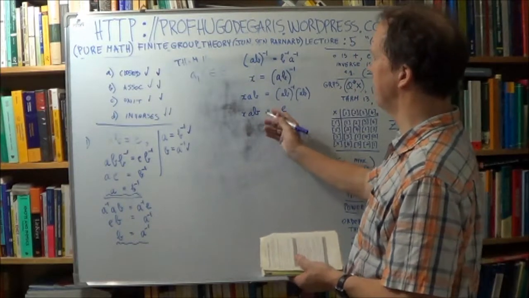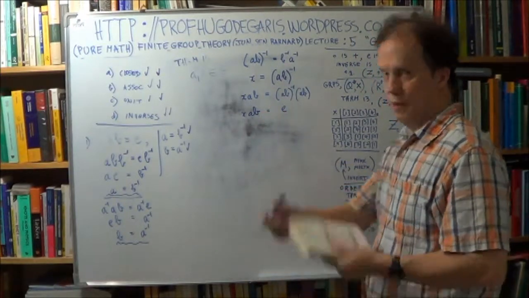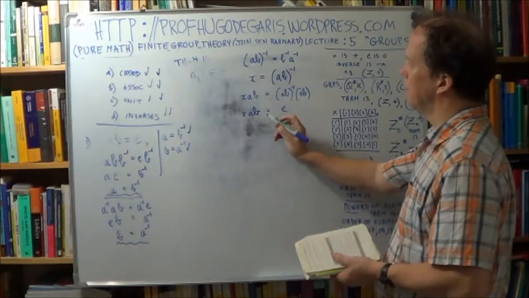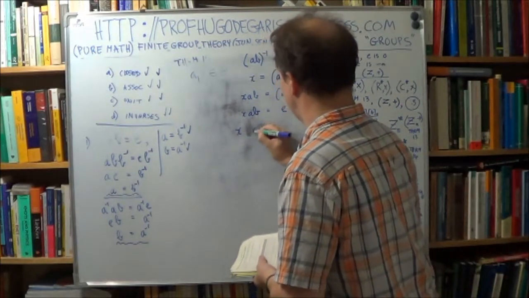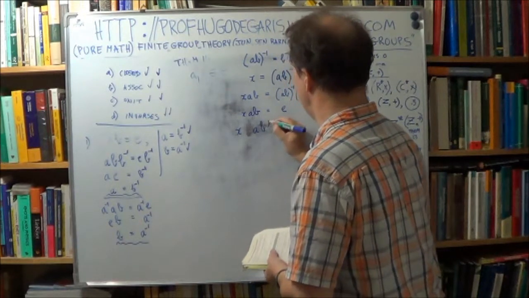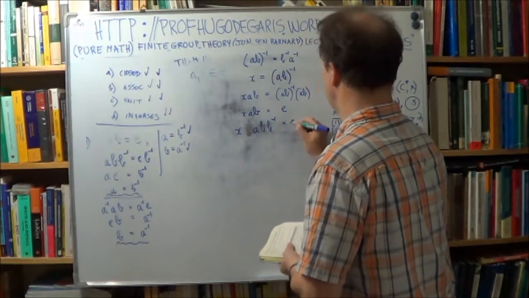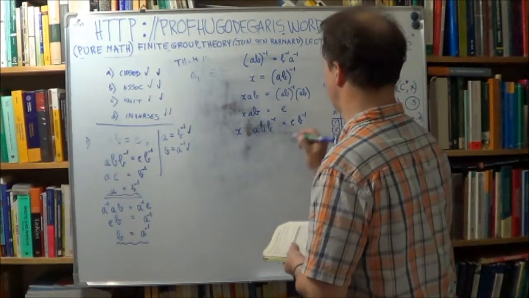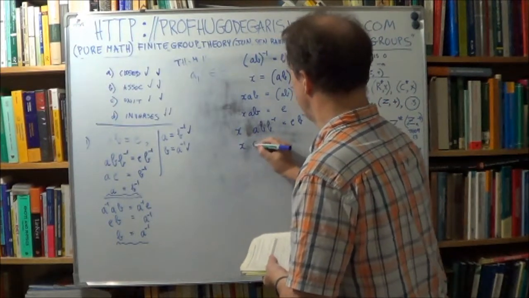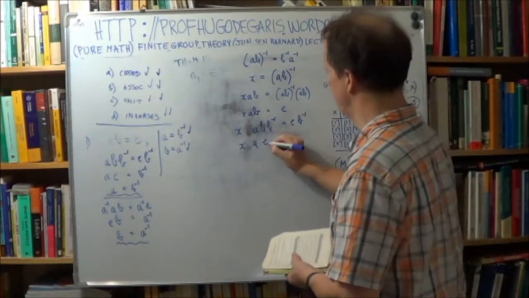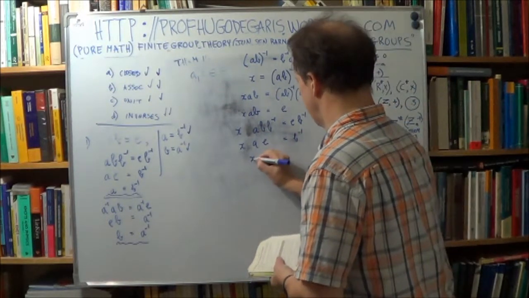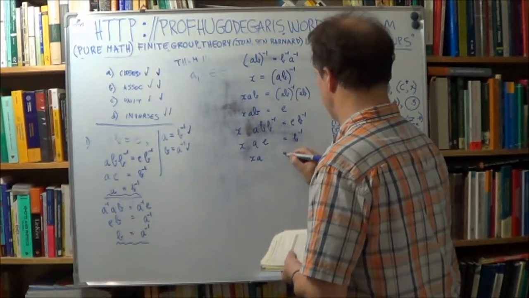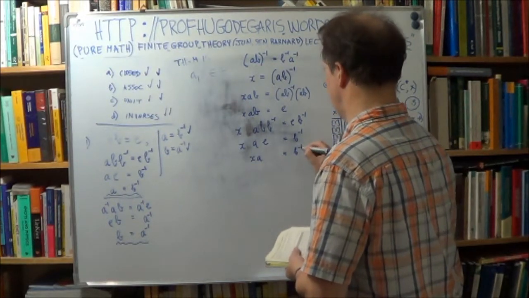So now multiply, in other words, binary operate, on the right hand side by B inverse. So you'll get x AB B inverse equals E B inverse. So you get x A, now this is just E, right? Equals B inverse. So this is just x A equals B inverse.